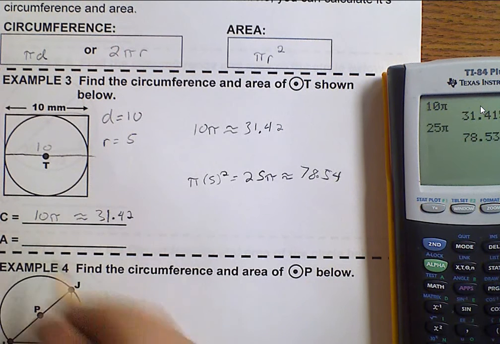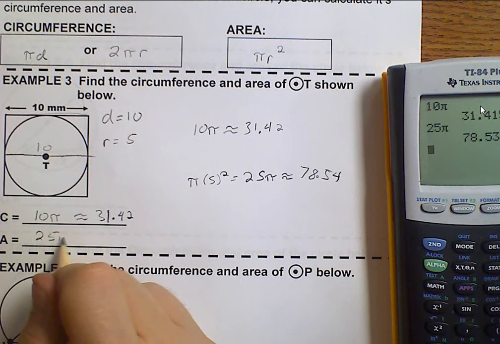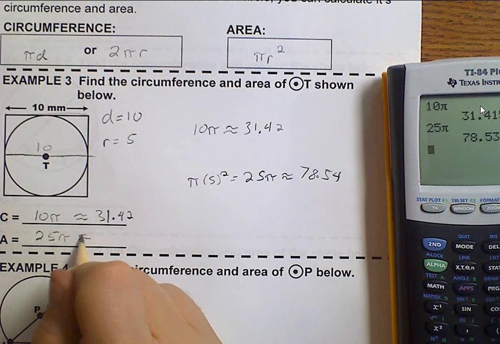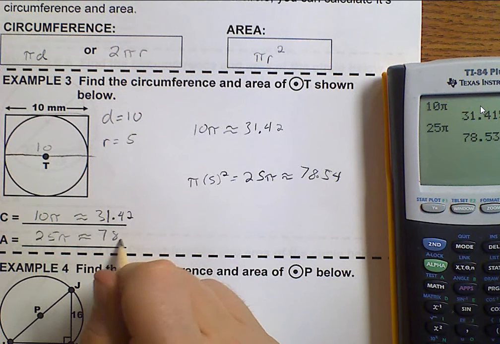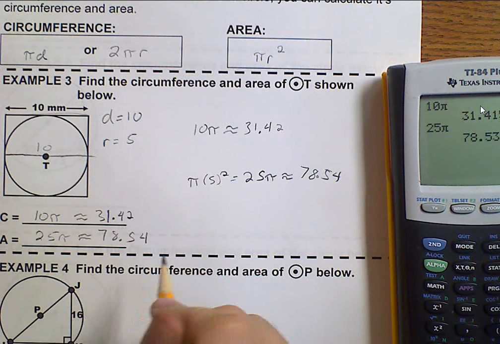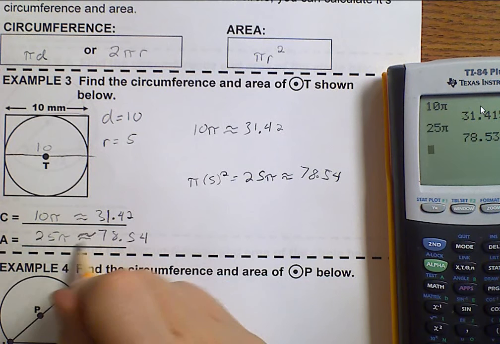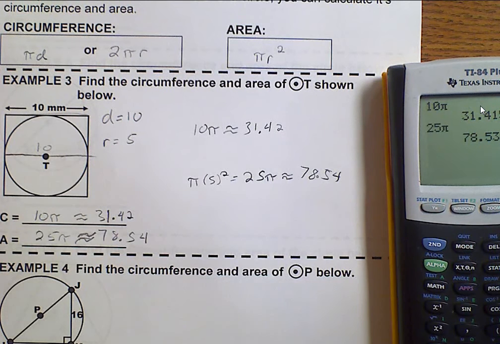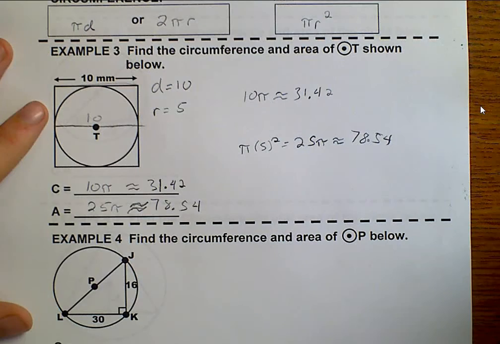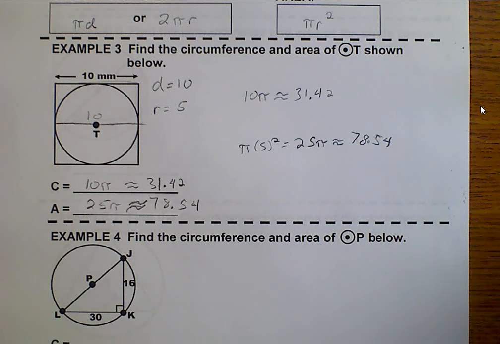So 25 pi, which is about 78.54. And there we have the circumference and area of this circle.